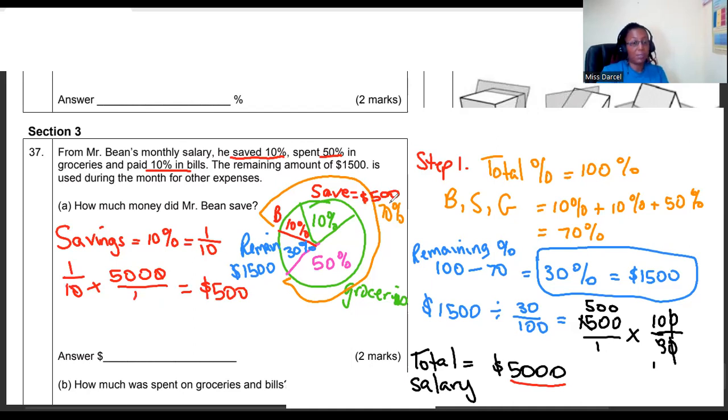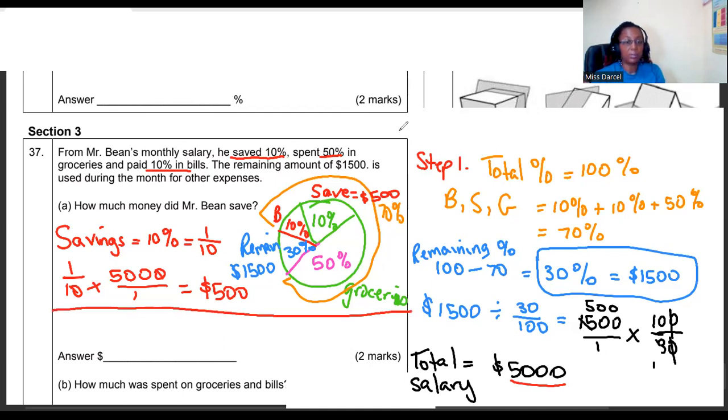All right. So there are two ways you could find the groceries and bills. You can either add the remaining and the savings and subtract that from the 5,000, or you can use the percentages to your advantage. So how we will do that, I'm going to put that here.